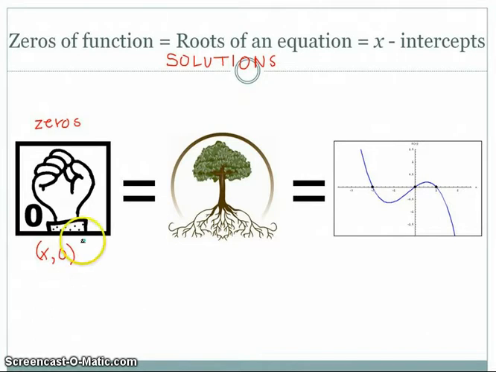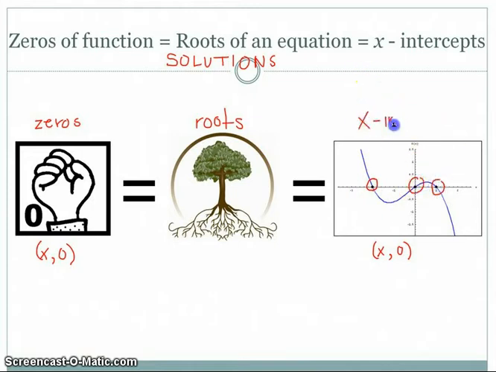Another word that you're going to see is roots. The roots of a function. The roots are the same thing as the zeros. And lastly, because we define zeros as the value of x when y is 0, we have this graphic representation. When x meets where y is 0, that's these guys right here.